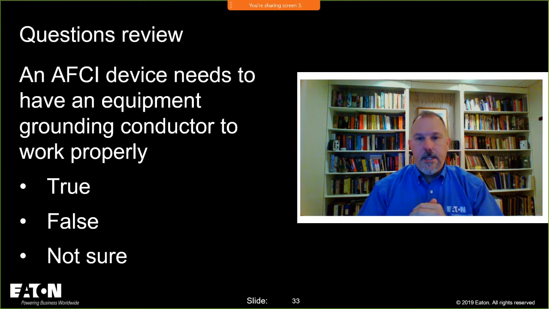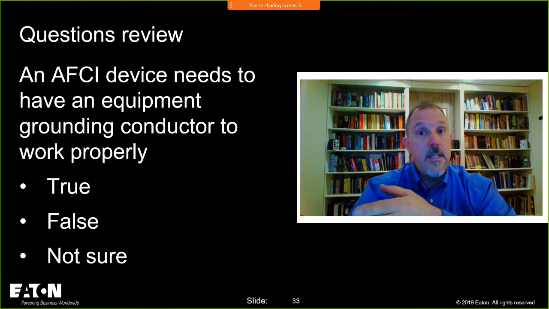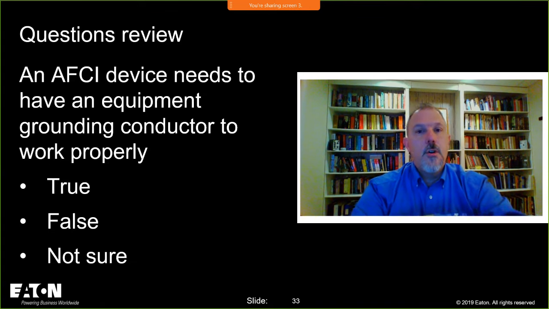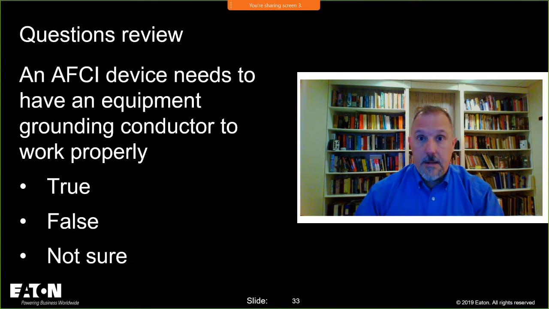I do not need an equipment grounding conductor to be able to detect arcing. A common question I get with regard to AFCIs is, in existing homes, if I have an older home with knob and tube wiring, for example, can I use an AFCI circuit breaker in those applications? Absolutely you can, because I need a hot and a neutral. I don't need that equipment grounding conductor.